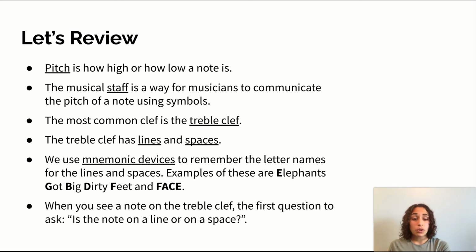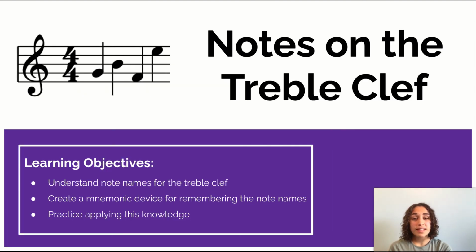And when you see a note on the treble clef, the first question that you need to ask yourself is, is this note on a line or is it on a space? And from there, you can use one of the 2 mnemonic devices to help you figure out the name of the note. So that is how we understand the notes on the treble clef.